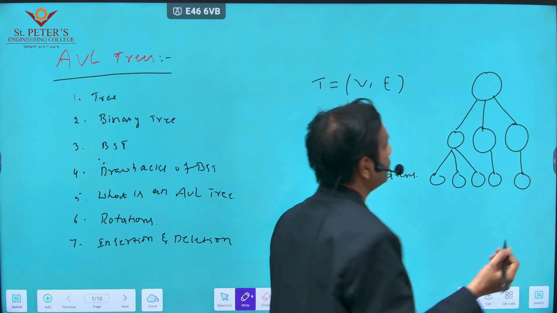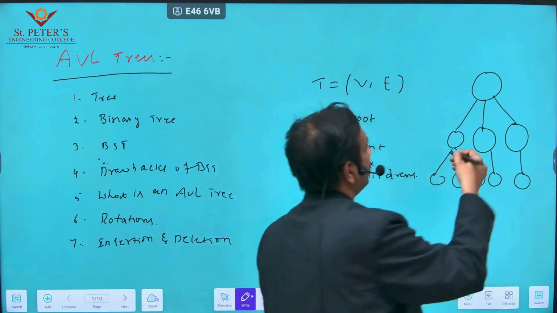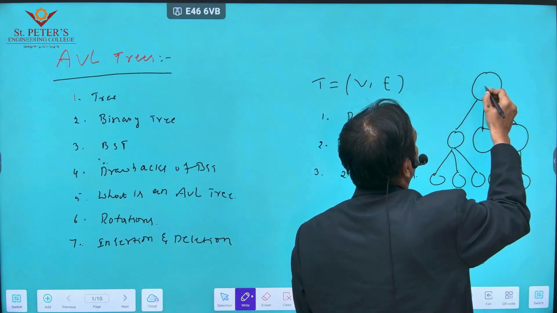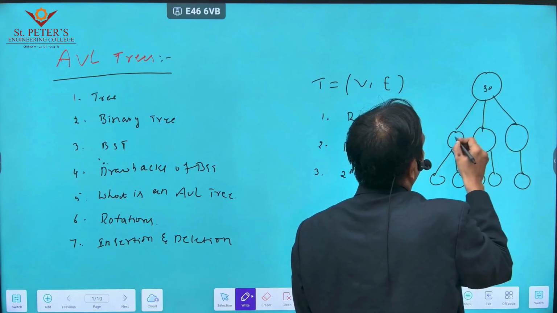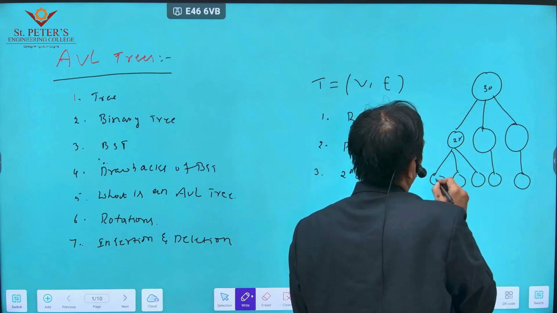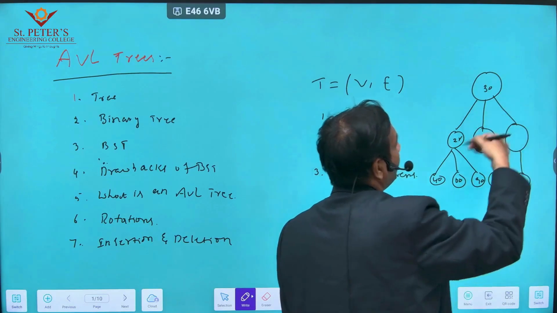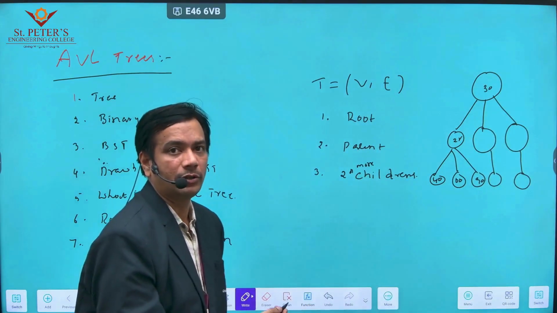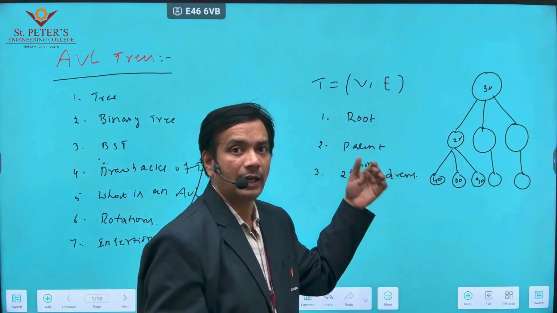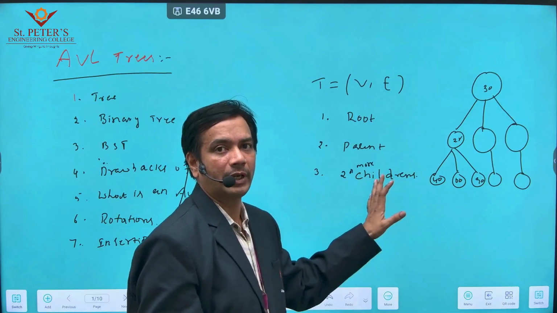There is no restriction on storing the elements, so we can store the elements in any order. For example, we can store the elements 30, 25, 40, 16, 19. Here we are not maintaining any order, so there is no problem in a tree.